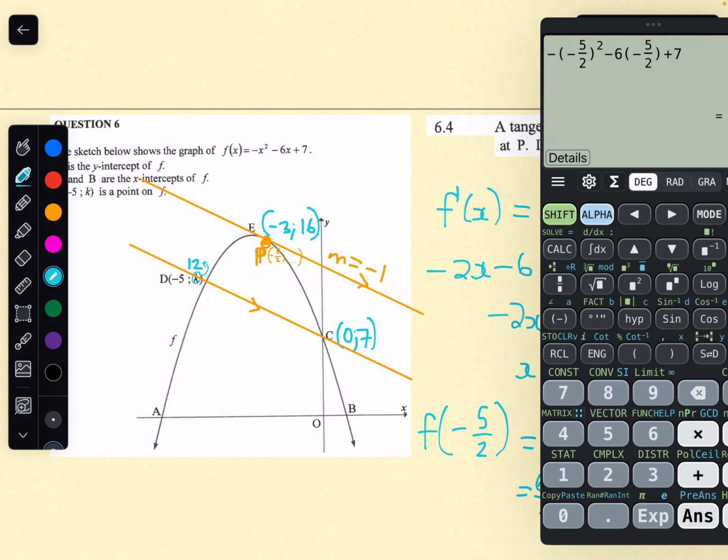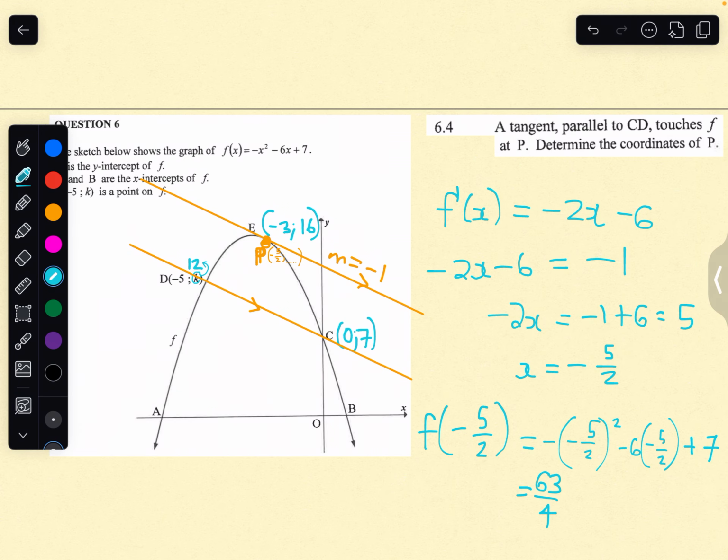And our visual kind of agrees with that, right? Because remember, this y coordinate is 16. This little p is slightly lower than it in the diagram, slightly lower than E. And 63 over 4 is 15 3/4.